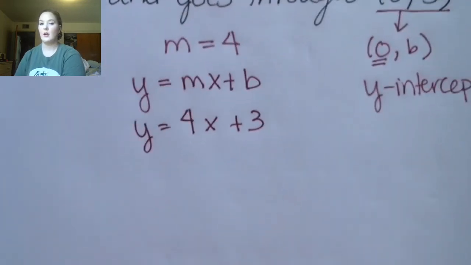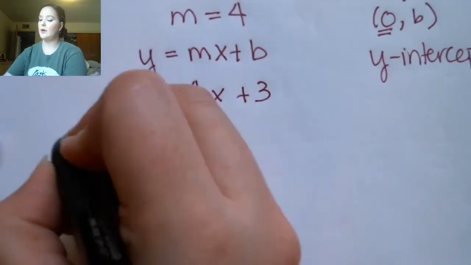All right, now we're still going to use that same line L1, 4x minus 7.